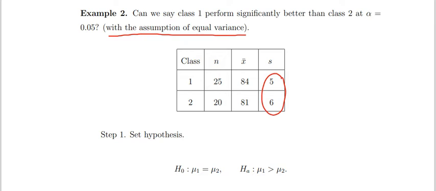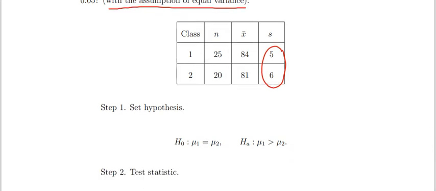So we list this as a testing problem. H0 is the same: mu1 equals mu2, no difference. HA is mu1 larger than mu2, right? Class 1. I just wanted to show that this evidence is strong enough, right? From this evidence, I want to say my class performs better than the other class.